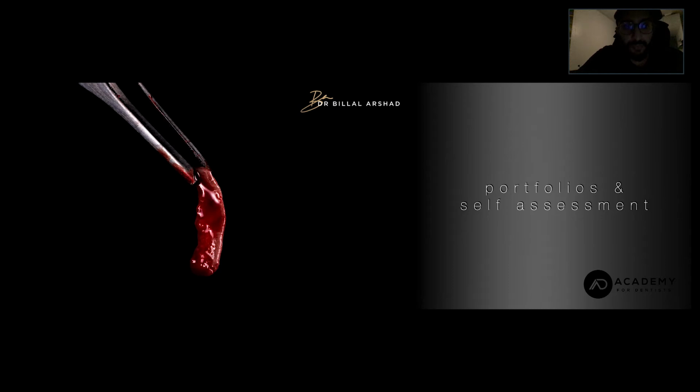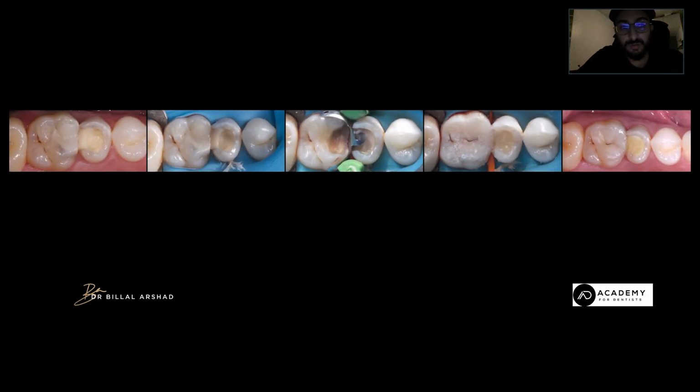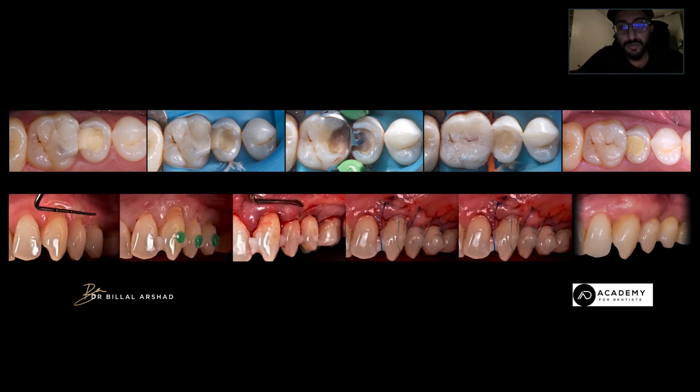Another reason why we might use dental photography today is portfolios and self-assessment, and this is done a lot more nowadays, and there's nothing worse than seeing a portfolio which has poor quality photographs. The biggest thing with portfolios is that you have consistent photography all the way across, whether that's normal restorative photography or surgical photography.